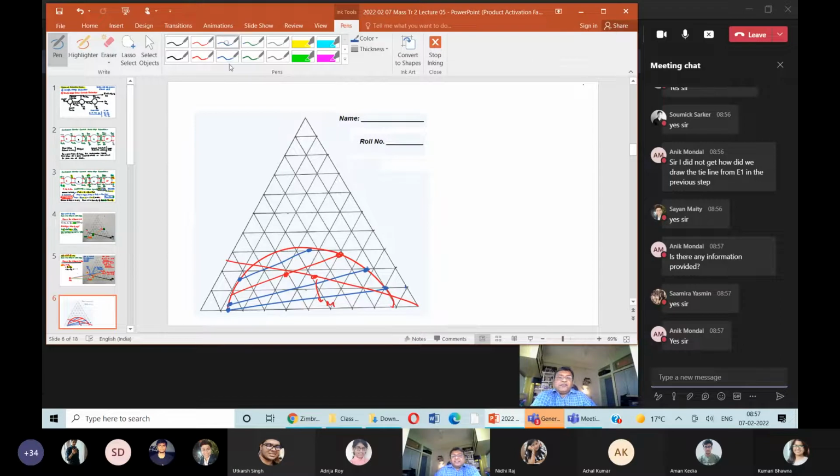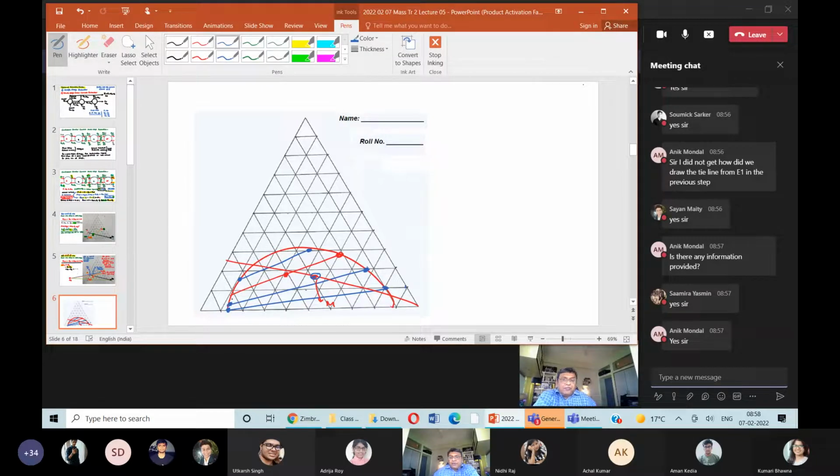right? Now for single stage, you know that you need a tie line. How do you draw a tie line from M? No information is provided. For a single stage problem, if you locate M, then you have to draw a tie line, yes or no?